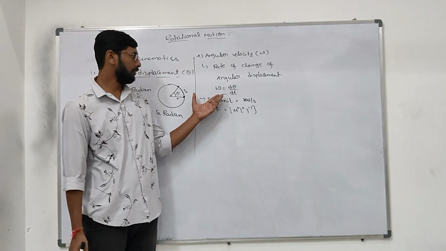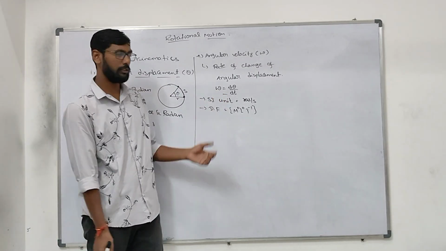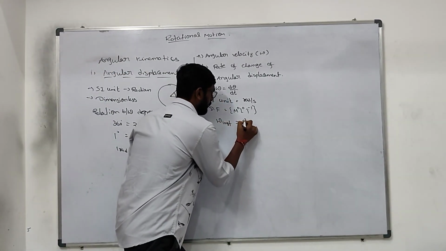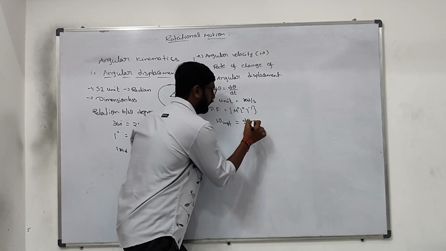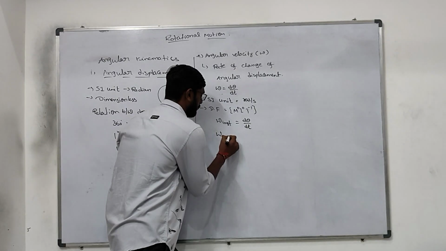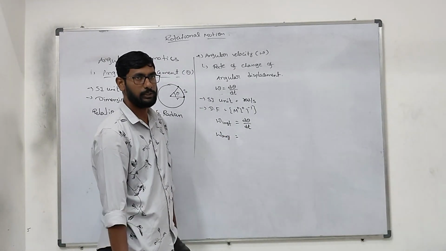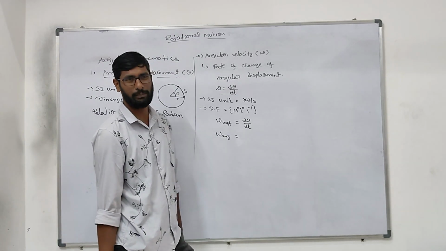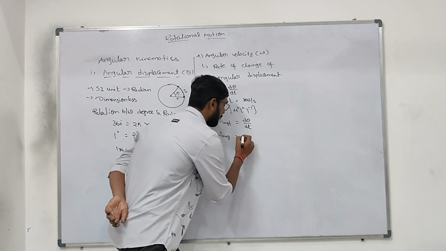Here also, instantaneous angular velocity will be d theta by dt. Average will be theta 2 minus theta 1, the change in angle, the total angular displacement by total time taken.